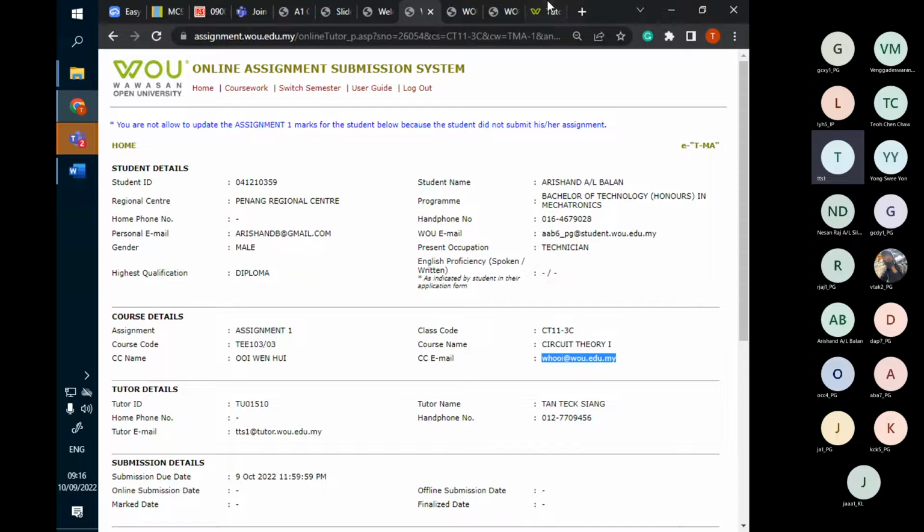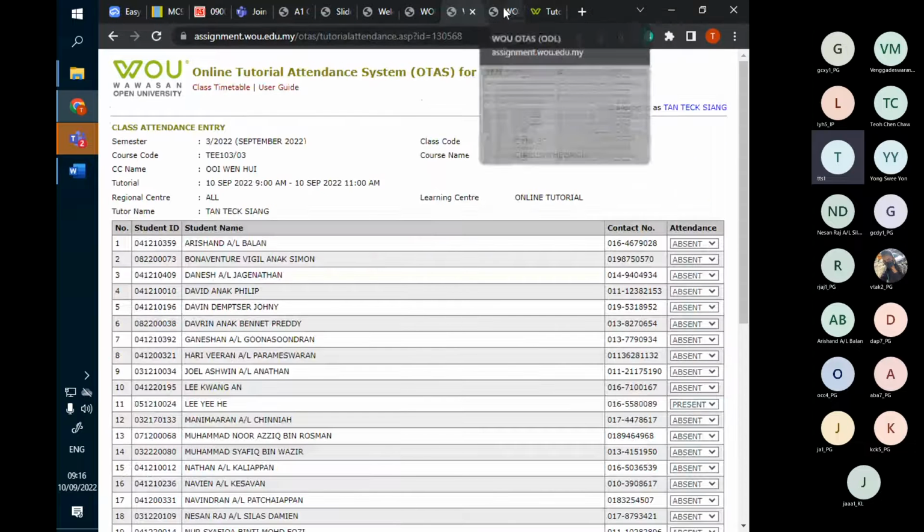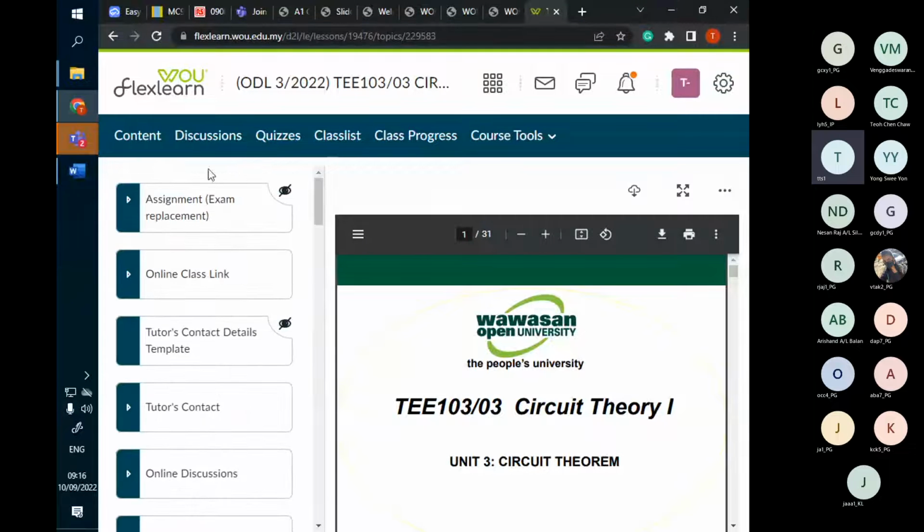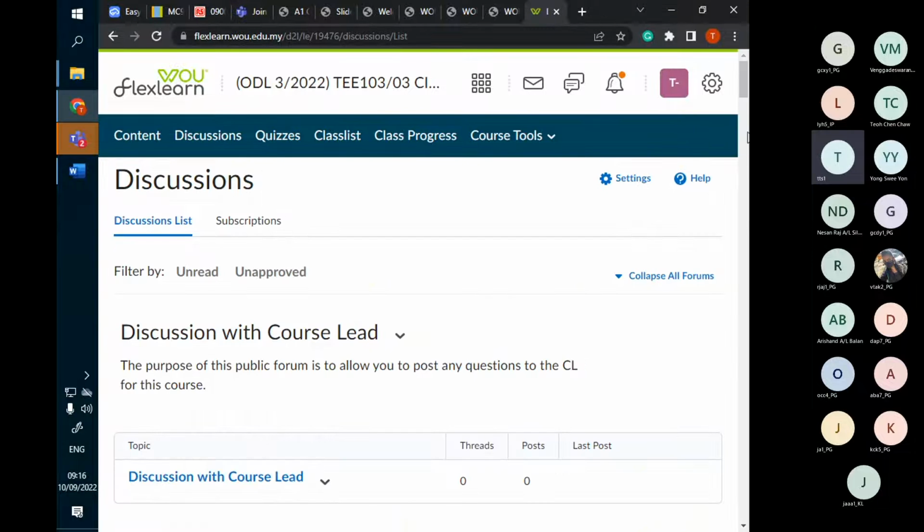Actually, WOU wants you to come here to ask questions, instead of asking through WhatsApp, where they cannot trace the activity of the student, the interaction between the students and the tutor and the university. Actually, they are all based on the evidence they can find here, the discussion.